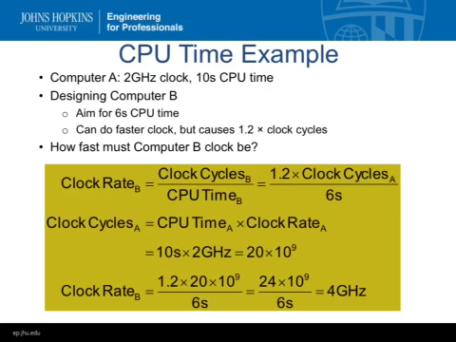Let's do an example calculation. We have a computer with a 2 gigahertz clock, so it runs 2 times 10 to the 9th cycles per second.